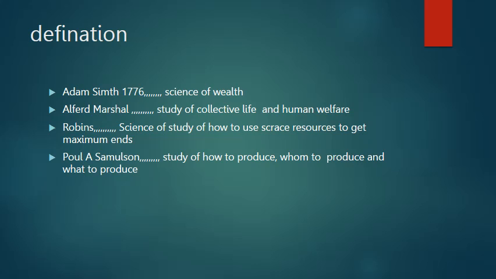It's the study of how to produce, for whom to produce, and what to produce. And the first two definitions are not acceptable in current time, though they were great contributions by great scholars of economics. But currently we accept these two definitions: the definition given by Robbins and the definition given by Paul Samuelson. All right.